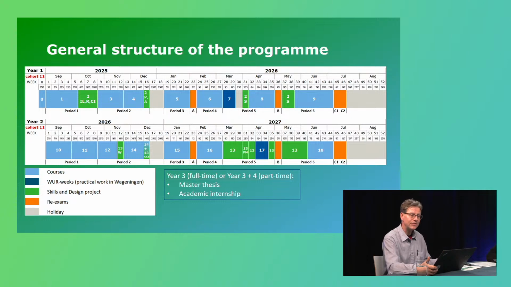And after that, when you finished the course part of the program, then you will do a thesis and an internship. You can choose whether you do it full-time and finish it in 1 year, or go on as part-time and spread it out over 2 more years. So the entire program takes 3 to 4 years to finish.